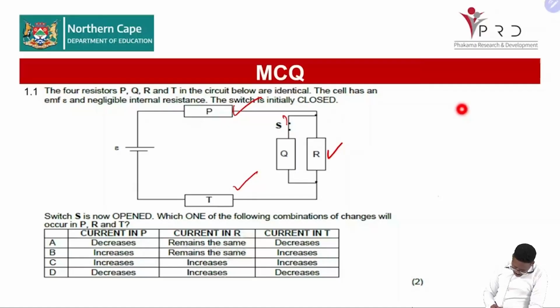At D, we are saying that the current will increase. Remember before it was in parallel. So now because switch S is open, it is in series, the current will increase. So we're looking for the option that says in P, the current will decrease and the current in R will increase. So our obvious answer is going to be D.